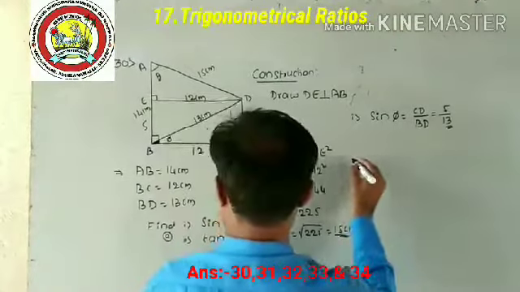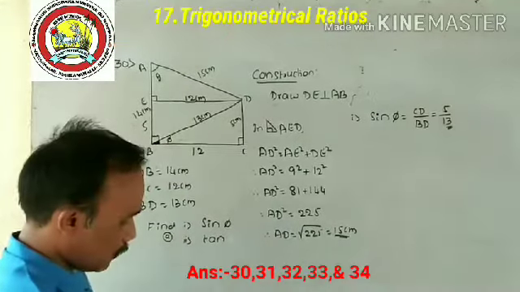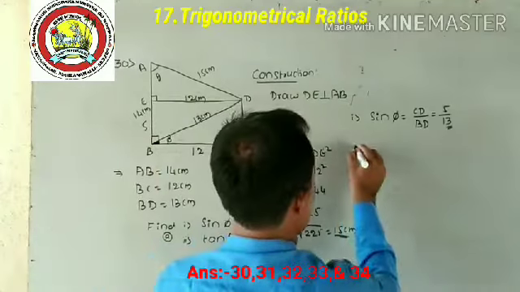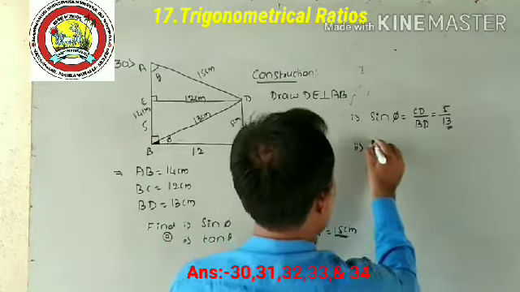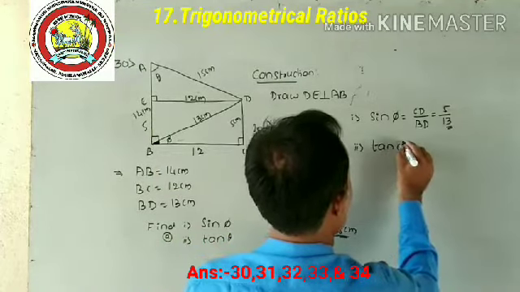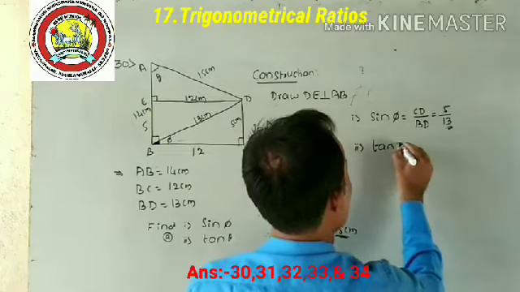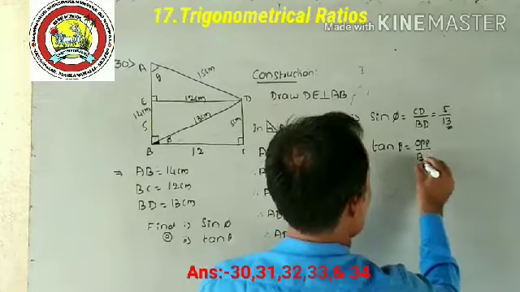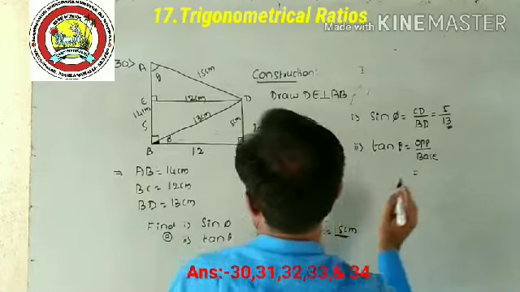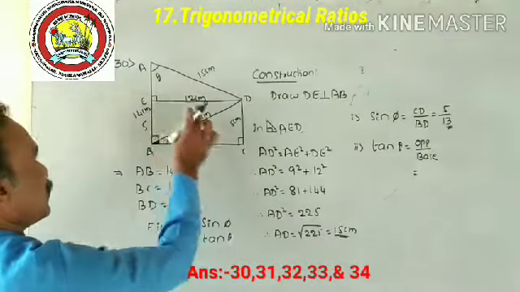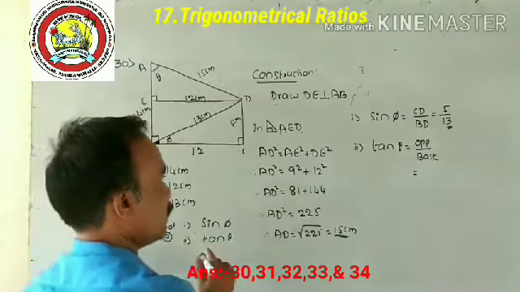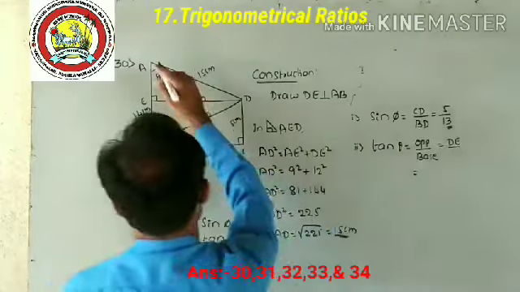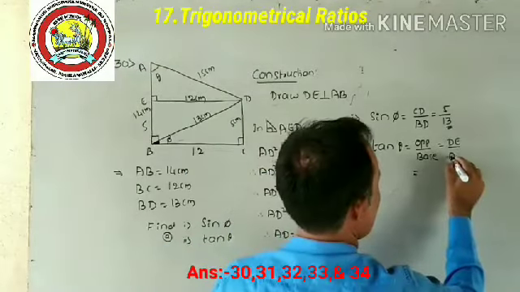Next, second one, not tan phi, tan theta. Theta, not phi. First the ratio: opposite divided by base. Theta means consider the right angle triangle AED, in which the opposite is DE. Base is AE.